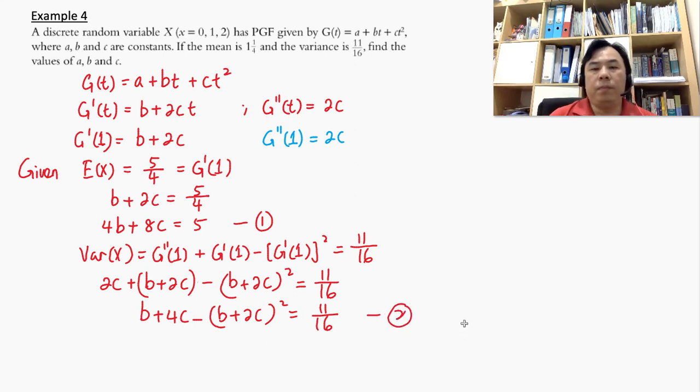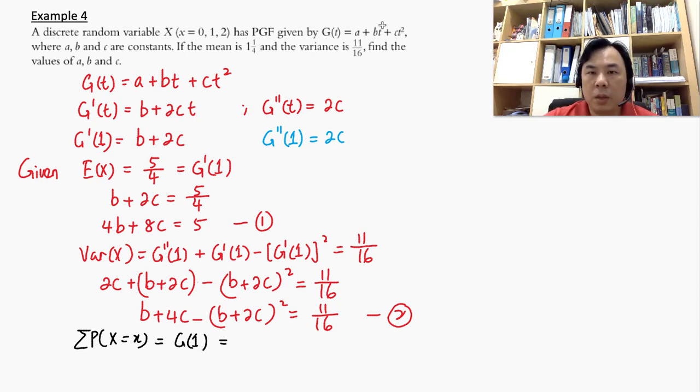At this point of time, we have three variables, so we should expect to have three simultaneous equations. Where is the other equation then? The last equation actually came from the sum of probability. We know that the sum of probability must be equal to 1.